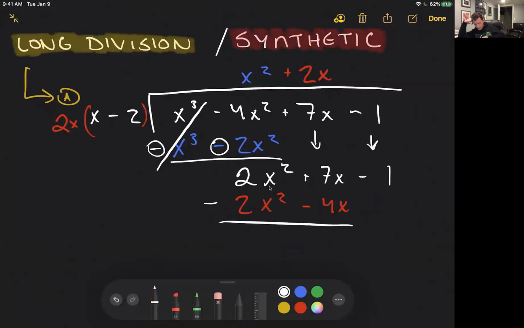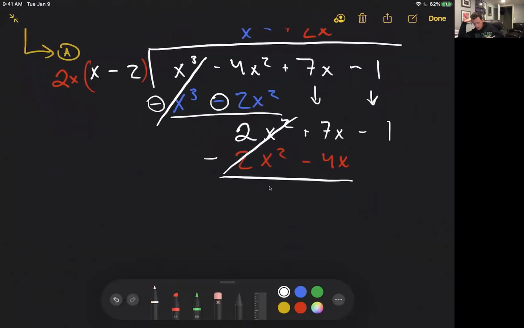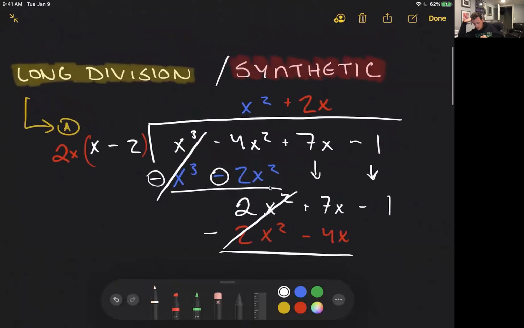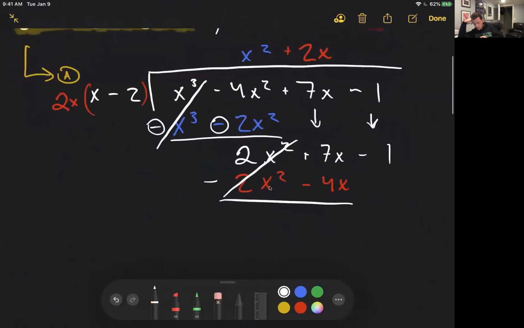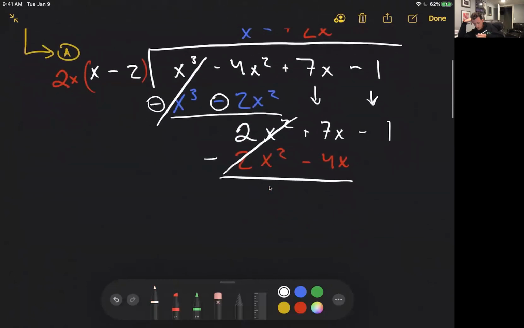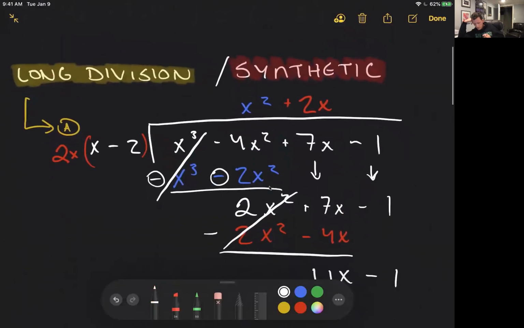You subtract these, they'll go poof. And then you end up getting 7x plus this, which ends up giving you 11x, which, is that right? I don't know. It should give you 11x, but I feel like when I did it out last time, I got a different number. So we'll see. It's going to be a journey.